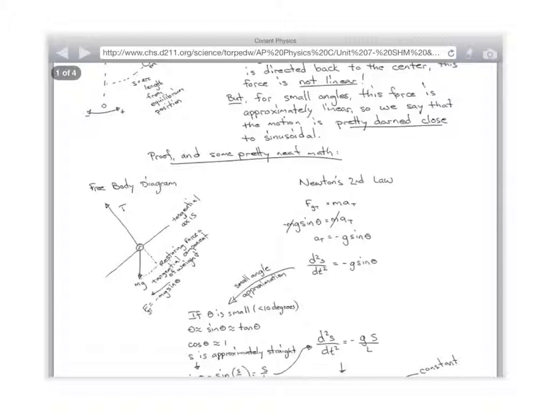You can say sine theta is equal to theta, approximately. All right? So anytime we see sine theta, what can we do? Change it to theta. So g times the angle, theta, equals L d squared theta over dt squared.